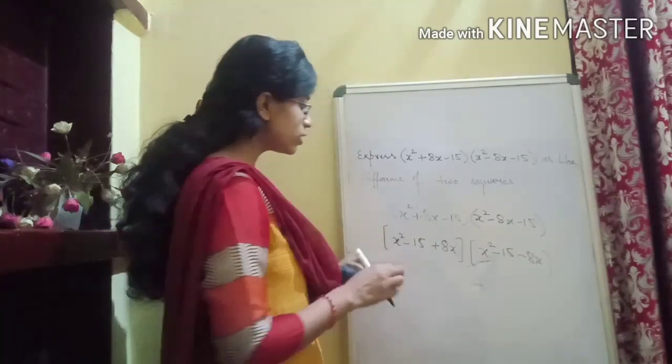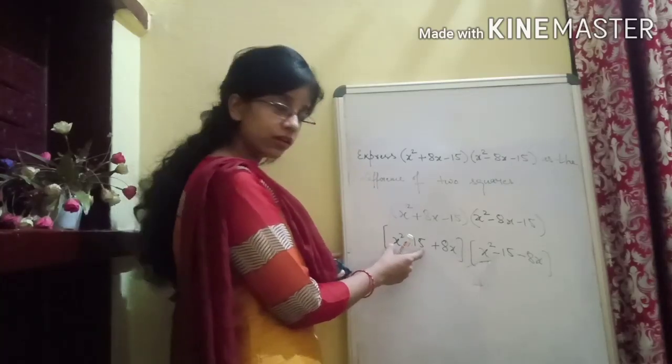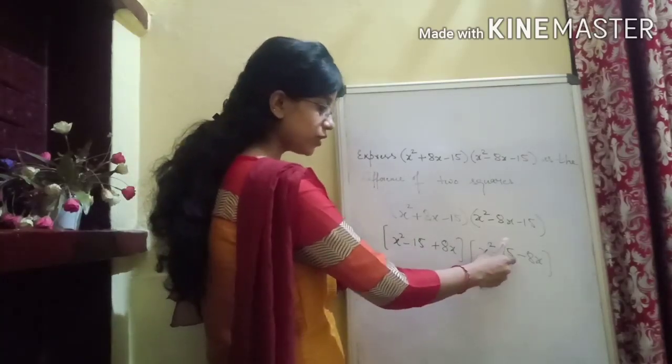Okay. Now if you see in the two brackets, we are getting x square minus 15 here as well as x square minus 15 here.